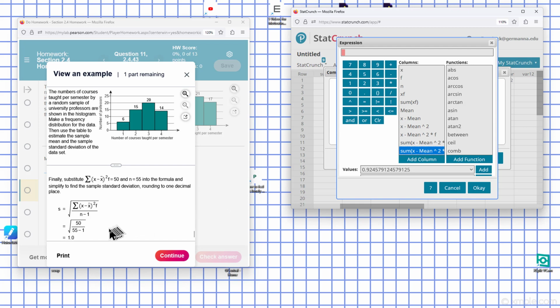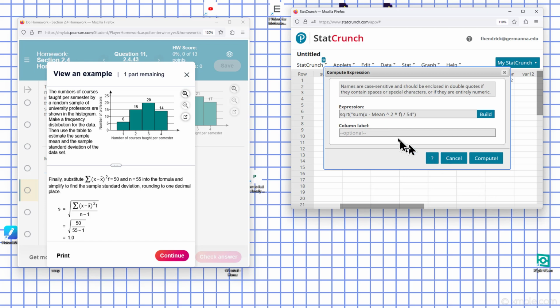So I'm going to take that result and do the square root of it. So I need the square root function first, and the previous result, and then hit OK. And I'll call this S, which is the standard deviation.